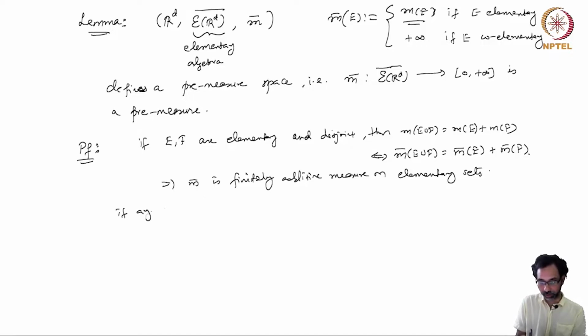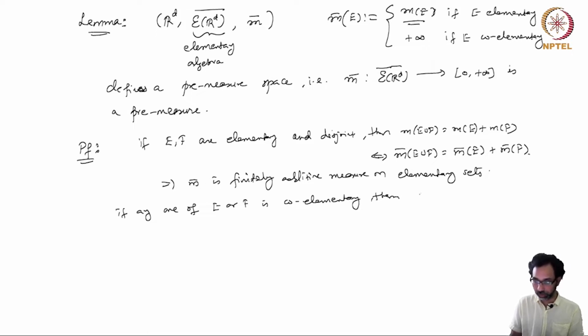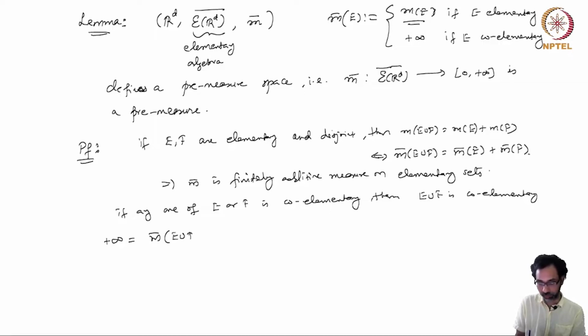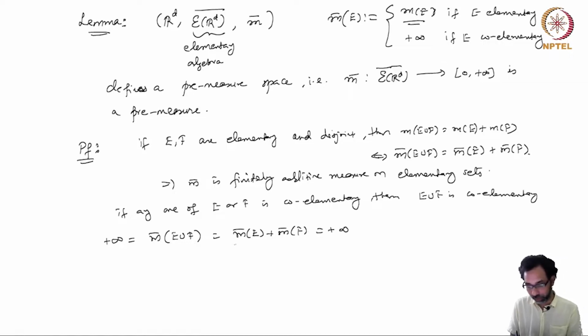Similarly, if any one of E or F is co-elementary, then E union F is co-elementary, and so we get plus infinity, which is the measure of E union F, and this is m bar E plus m bar F. This is also plus infinity because either m bar E is plus infinity or m bar F is plus infinity.